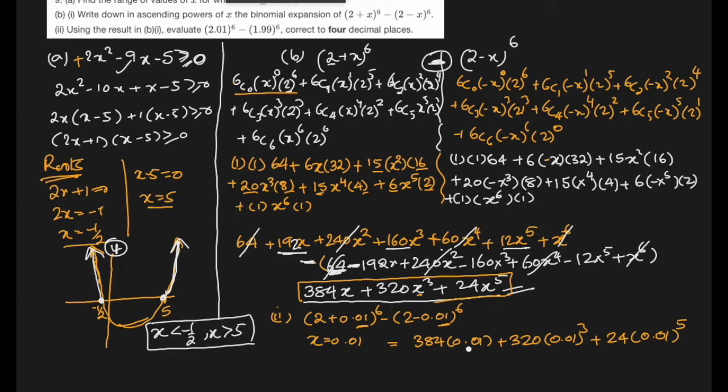So 384 times 0.01 will be 3.84 because there are two decimal places. The decimal place originally is here, it will go two places to the left, and it becomes 3.84. If you are not comfortable, please use your calculator. Plus, there are two places here, but it is cubed, that means 6 places it has to go. So there are 3 zeros before this: 1, 2, 3 zeros and then 3 2 0.